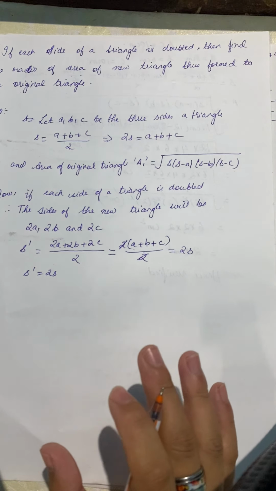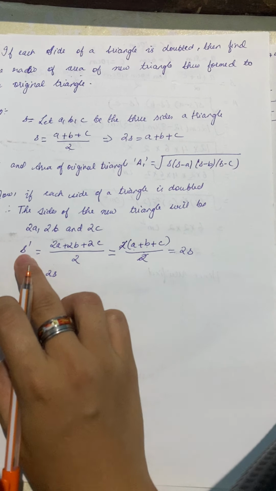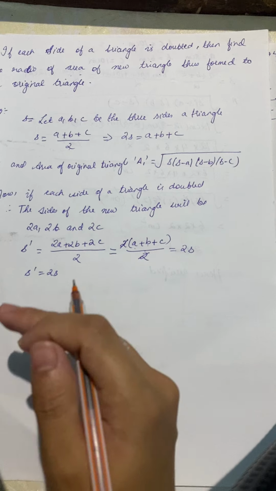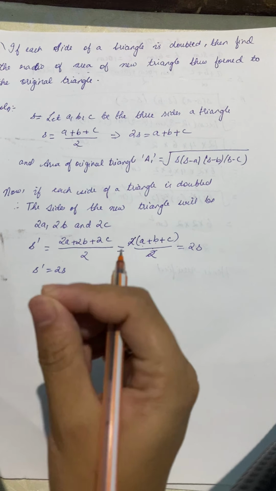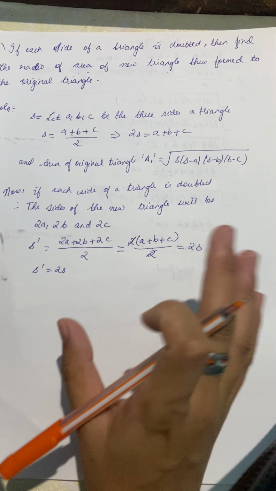So S dash becomes 2S. Clear with this? And what is S dash? S dash is the semi-perimeter of the new triangle, in which all the sides of the triangle are doubled.